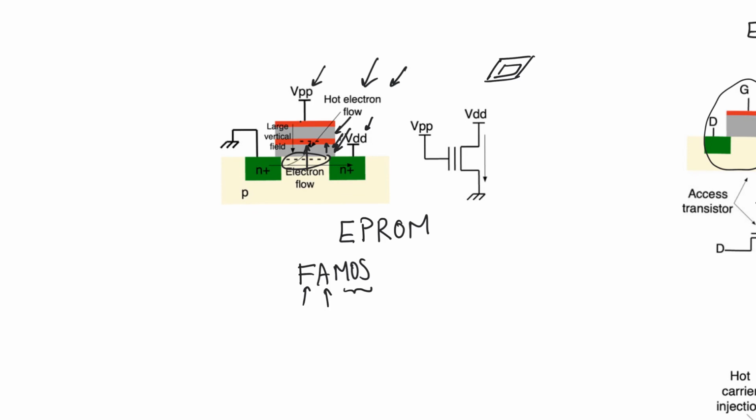Yes, it did. But in EPROMs, we really didn't care about this because when you wanted to erase a specific cell in the array, you had to take the whole chip out, put it under UV light, and erase everything on the chip. So yes, you couldn't erase a single cell. You actually only had the ability to erase everything on the chip at once.